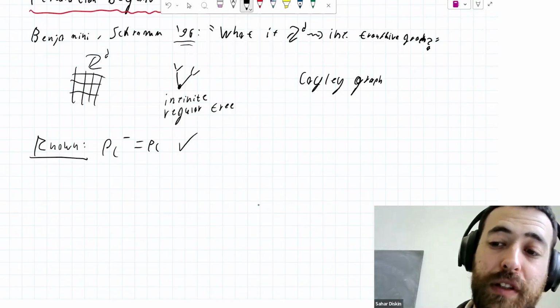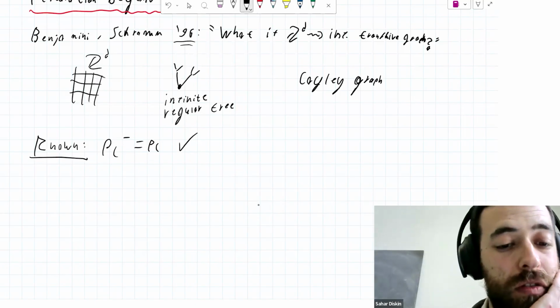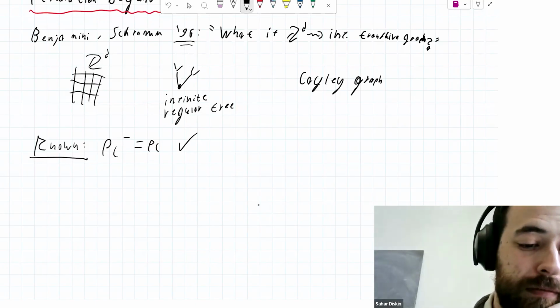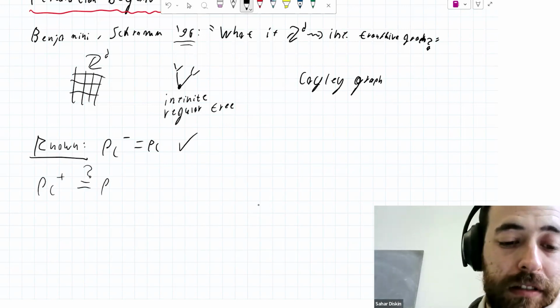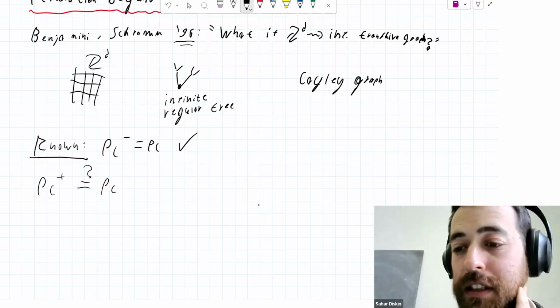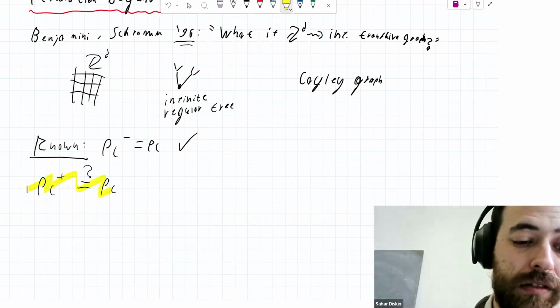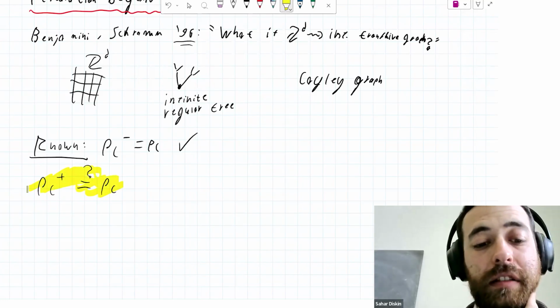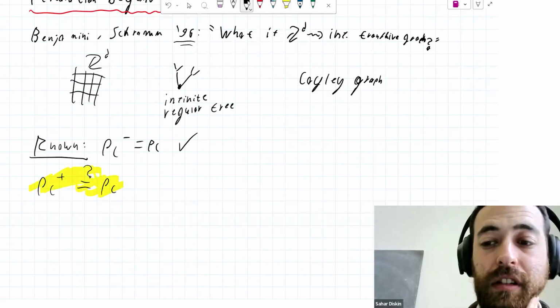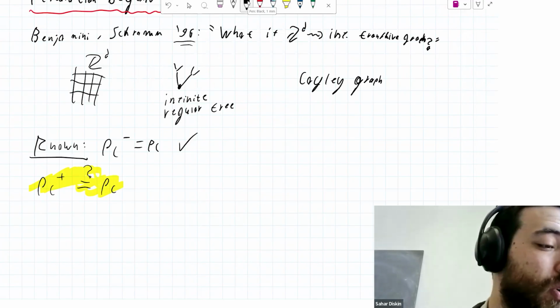And one of the big questions was, what about p_c plus? So does supercritical sharpness still hold in this general setting? And there has been quite some work towards this.